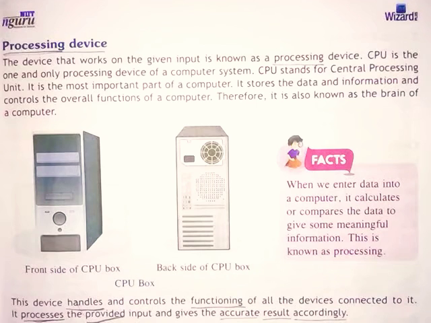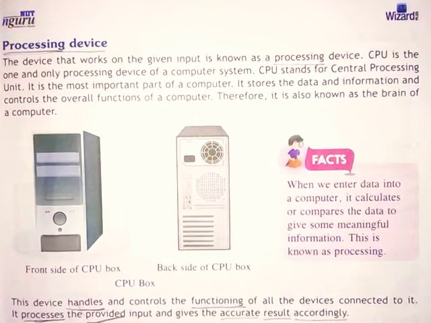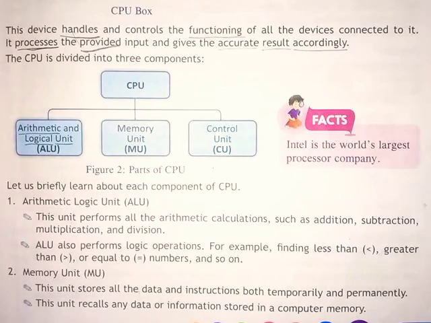When we enter data into a computer, it calculates or compares the data to give some meaningful information. This is known as processing. This device handles and controls the functioning of all the devices connected to it.